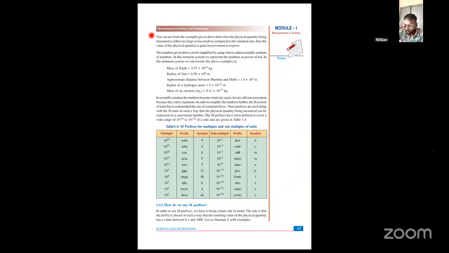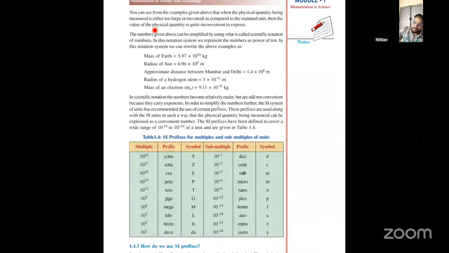In this notation system, we represent the numbers as powers of 10. We can rewrite the above examples: mass of Earth 5.97 into 10 to the power of 24 kg.